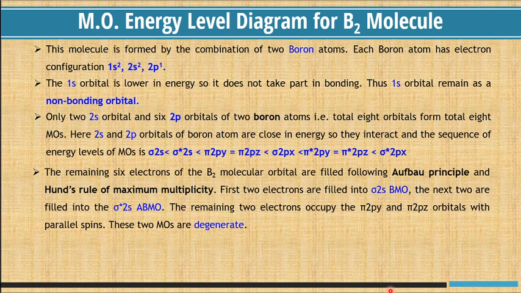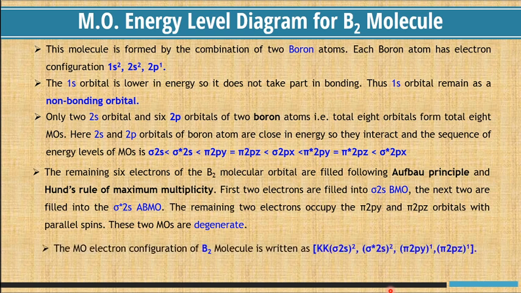The remaining 2 electrons occupy the pi 2py and pi 2pz orbitals with parallel spins. These two molecular orbitals are degenerate molecular orbitals. The molecular orbital electronic configuration of B2 molecule is written as KK sigma 2s2 sigma star 2s2 pi 2py1 pi 2pz1.